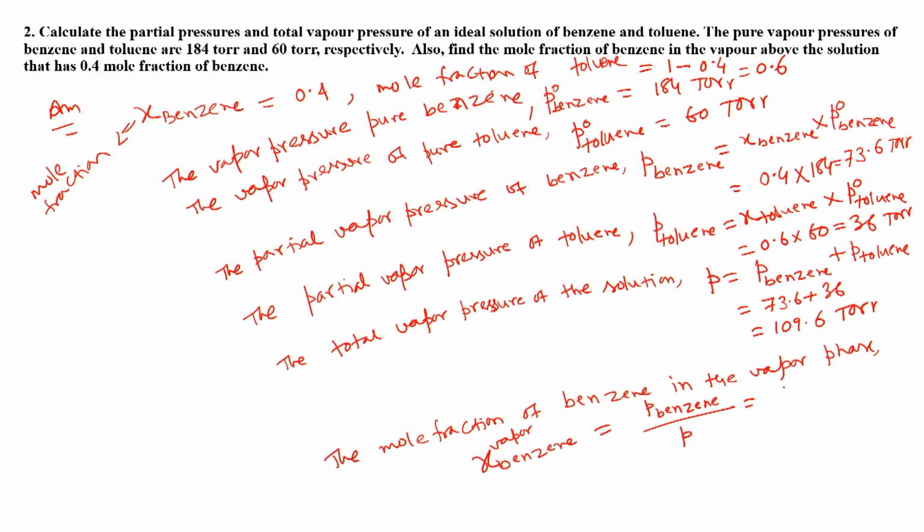So P benzene is 73.6 and total pressure is 109.6, torr over torr. So we get 0.671. This is the mole fraction of benzene in the vapor phase.